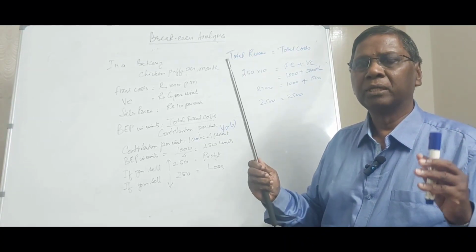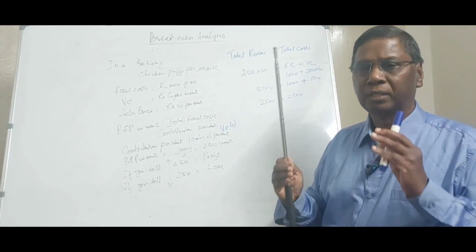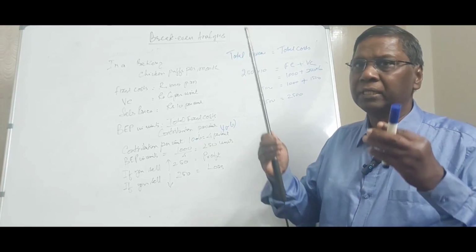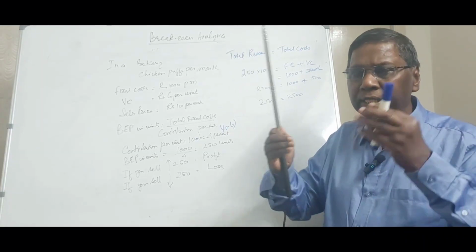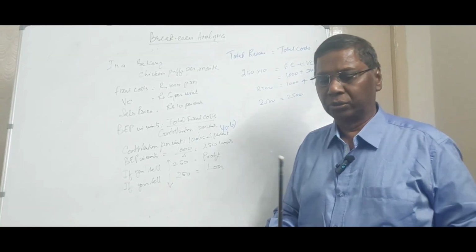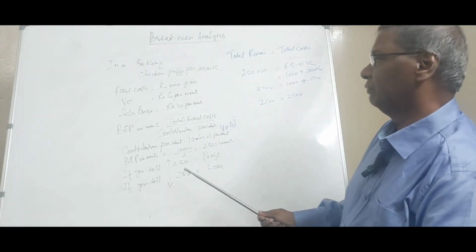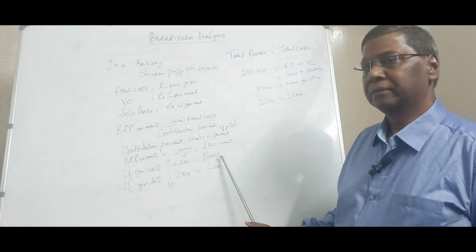I already told you, break-even point is the point at which there will be no profit, no loss. So higher the break-even, lower the profit. Lower the break-even, higher the profit. That is a simple truth. So let us say if you sell above 250, then you can make a profit.